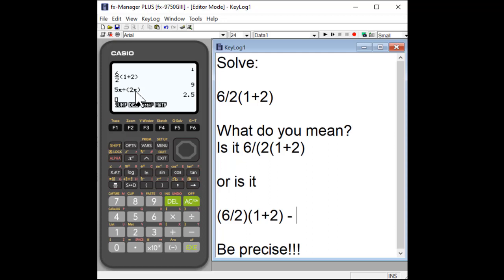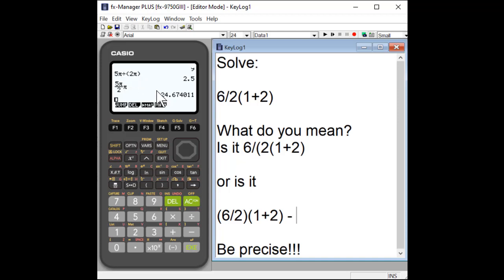If that's not what you wanted, let's say you wanted 5 pi and you wanted to divide that by 2 and then multiply by pi, you'll get a different answer. So again, the calculator is automatically interpreting what you've entered, and it's showing you how it interpreted it.